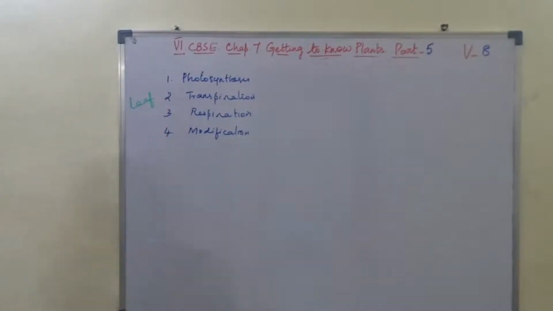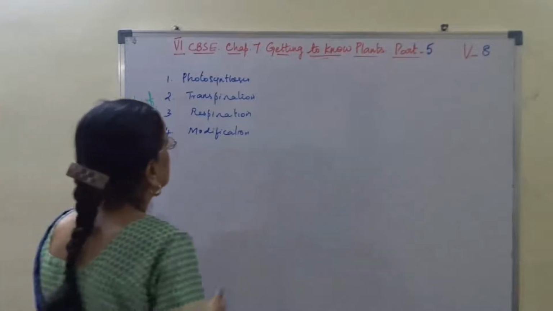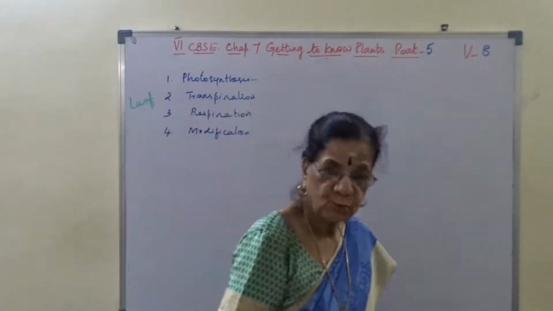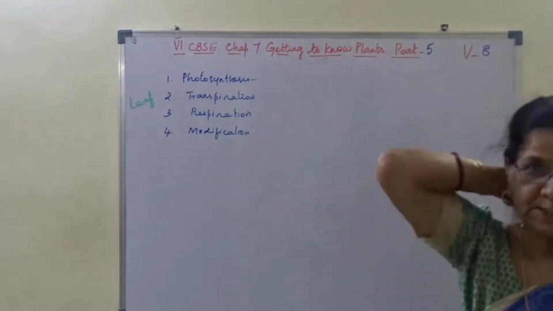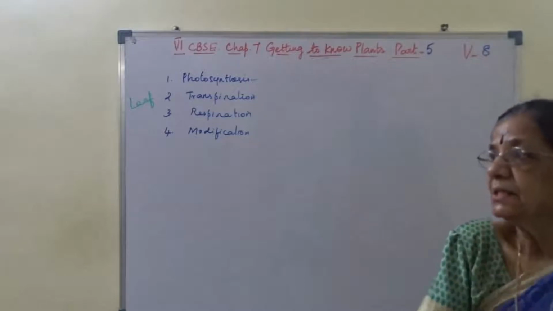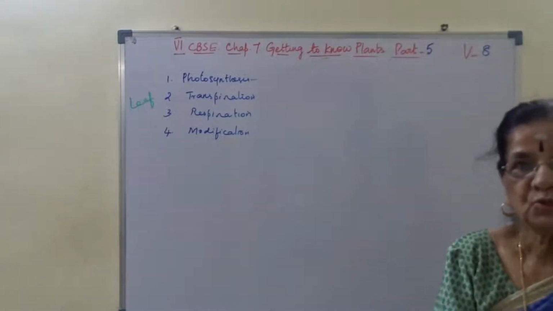Now what do we know for photosynthesis? Photosynthesis is the process of preparation of food by the green plants. Process of preparation of food by the green plant is called photosynthesis.